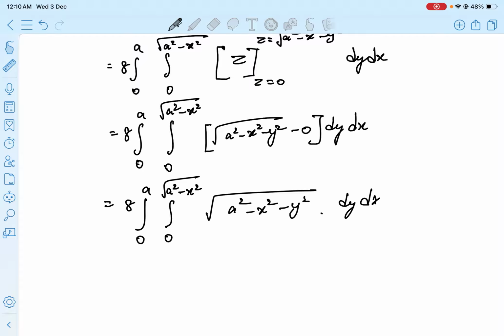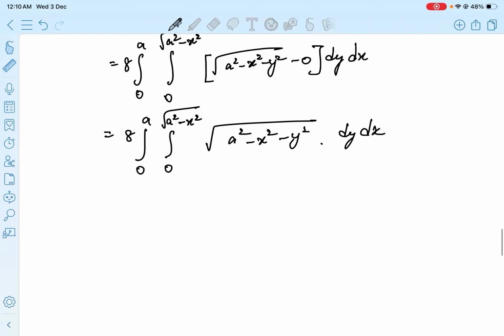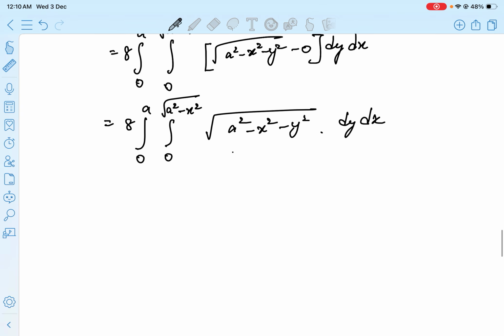Now similarly like the previous problem we did, using root of 4 minus x square, like that we are going to do now using the same method, 8 integral 0 to a, this method. Okay, so it is in the form of 0 to root of a square minus x square, which we are going to use in a similar way.